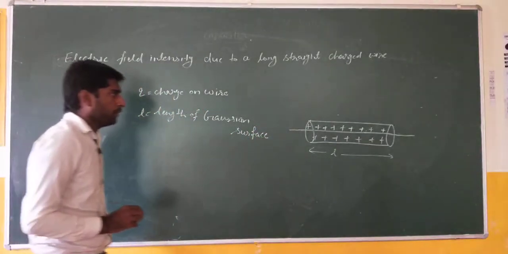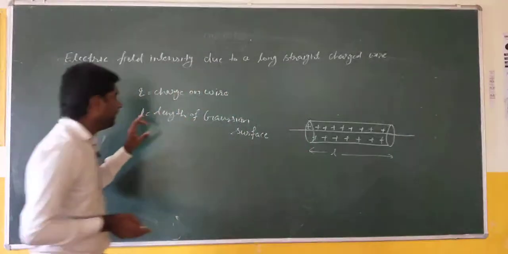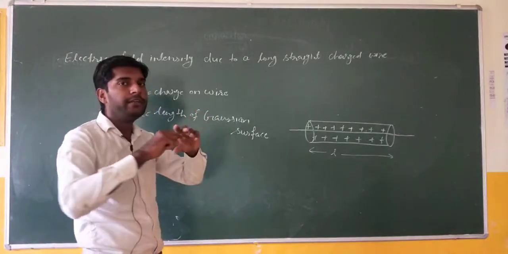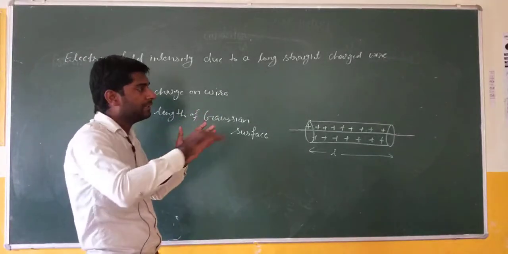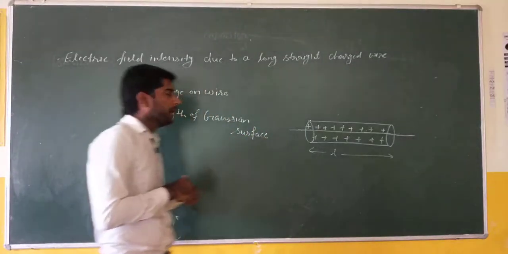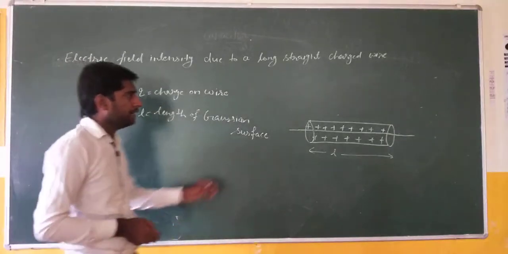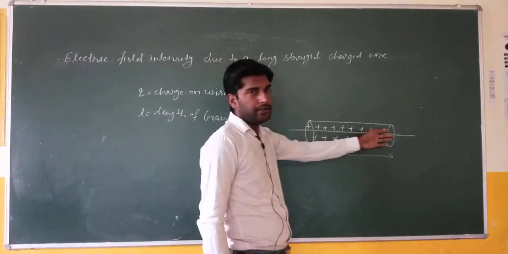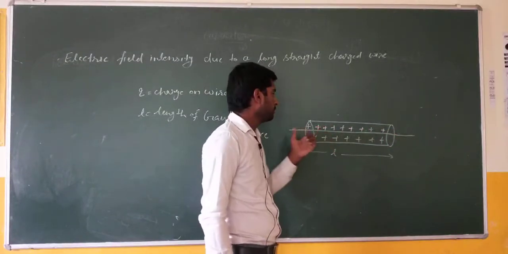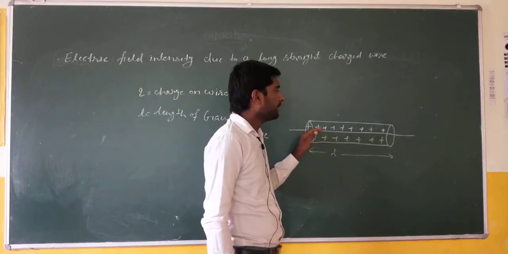Now one thing we know is that when we consider a uniformly charged wire, we consider only its length, not its breadth or height. So for that we apply the concept of linear charge density.